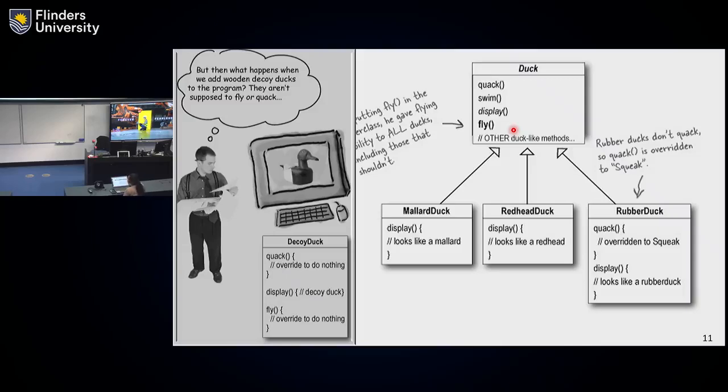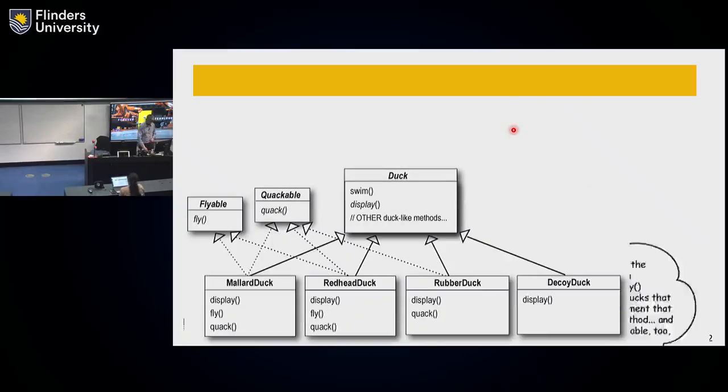What should we do then? At least the first solution which you mentioned previously, we need to remove those things from the duck class. Inheritance is not working, and putting these features in an abstract class is not working.